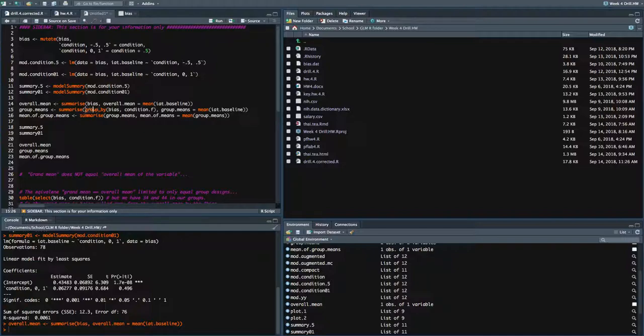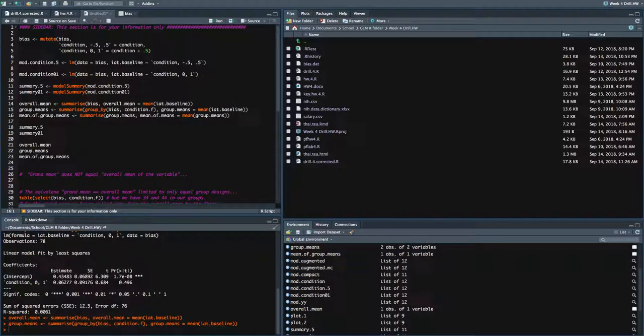So I group the bias data by condition, and I use the condition.f because this is one of those cases where I like to know which condition it is instead of seeing condition 0.5 versus condition -0.5. This will tell me the mean for the bias training group versus the mean for the no bias training group. Again, I'm just grouping those, and I'm going to get the group means for the IAT baseline.